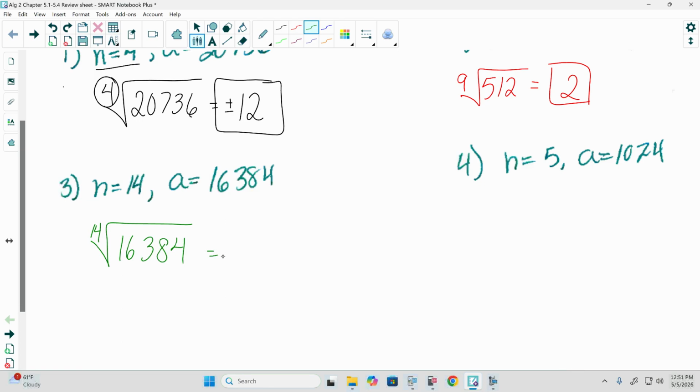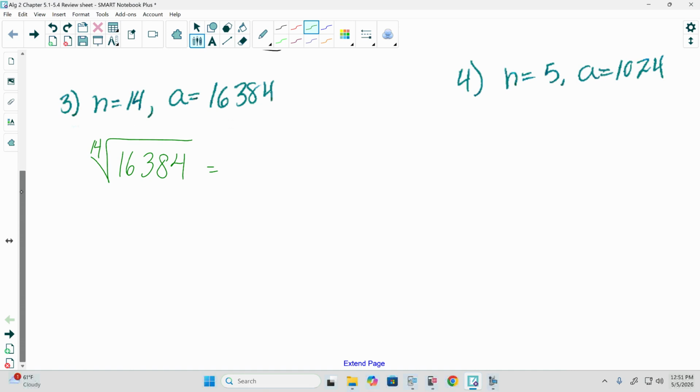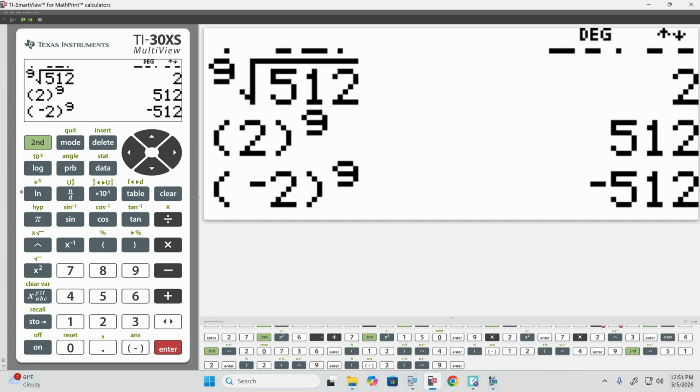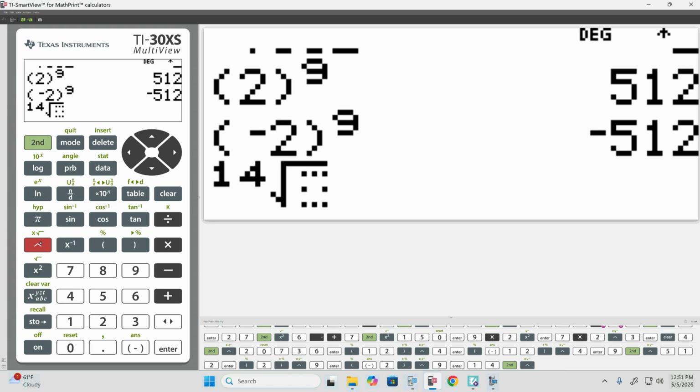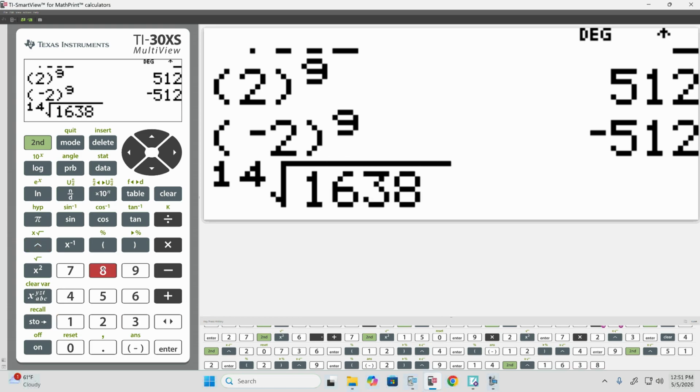Number 3, we want to take the 14th root of 16,384. And just like with the first few, I'd grab the calculator. 14th root of 16,384. Lo and behold, it is 2.